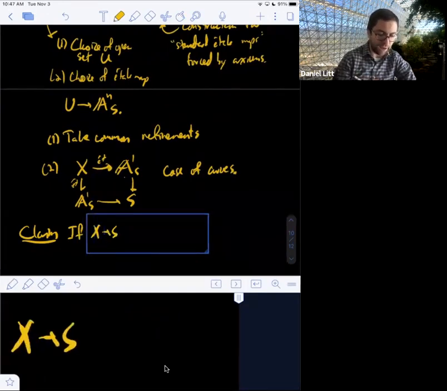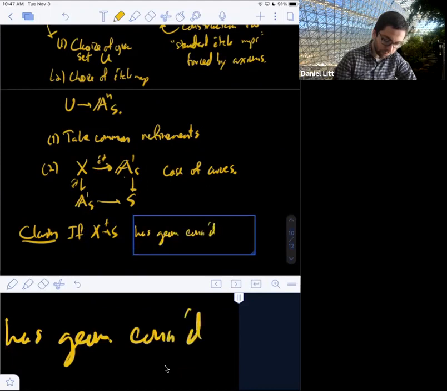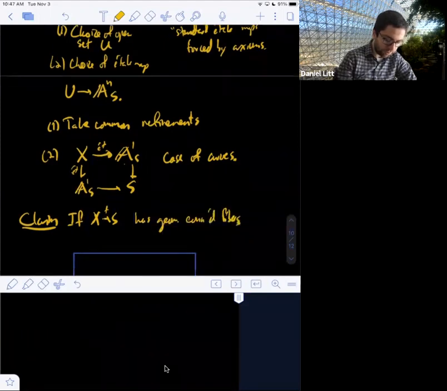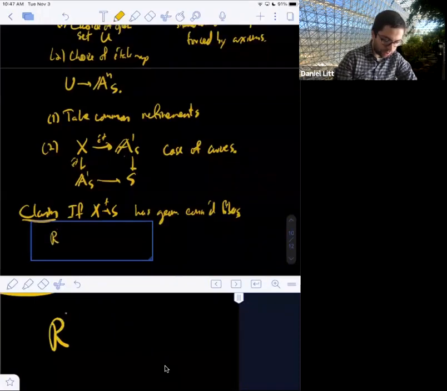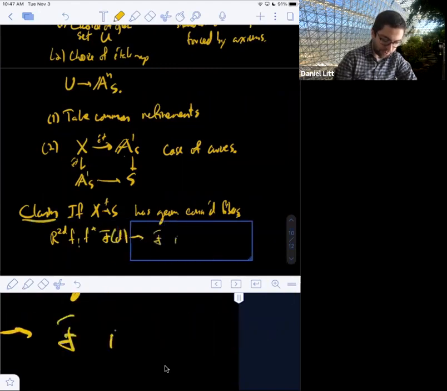Meaning, when we have a smooth morphism of pure dimension D. But now the claim is that if X to S has geometrically connected fibers, this map from R^{2D} f lower shriek of f upper star of F twisted by D to F is actually an isomorphism.